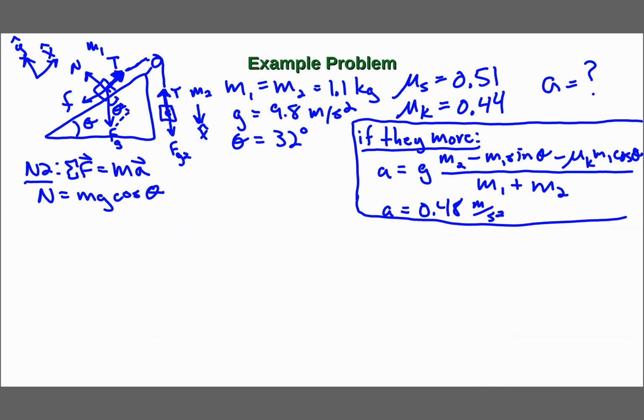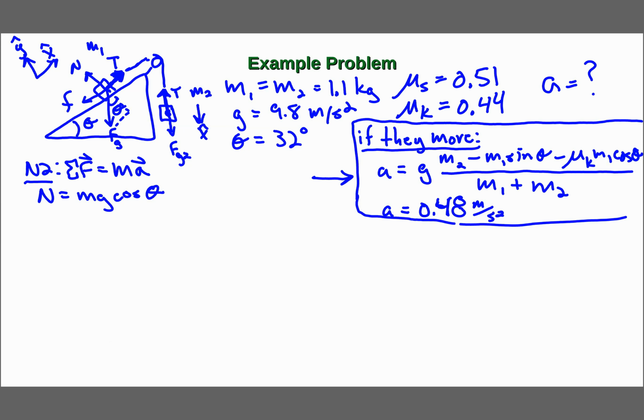So the first thing we said is, let's assume the blocks are moving, and if they do move, they're going to move like this. We're going to have this expression for A, and it turns out that it's 0.48 meters per second squared.